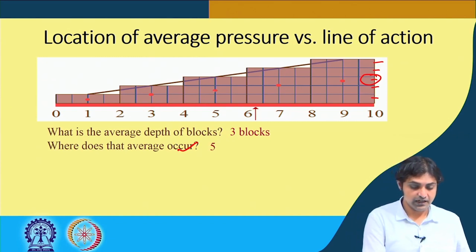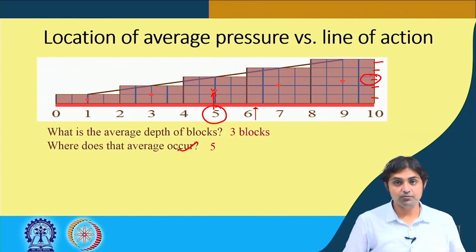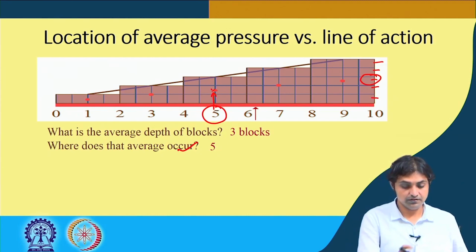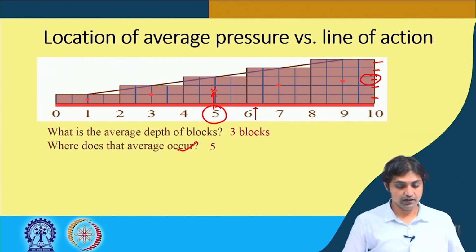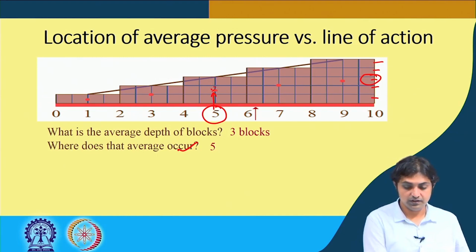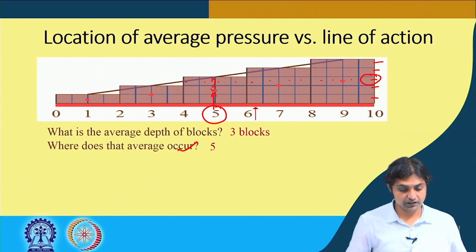So it's happening at, see, at 5. Are you able to get this? Right? This is correct. See, the middle block, number 3, is at 5, 1, 2, 3, 4, 5, 6, 7, 8, 9, 10. So if you take the depth.